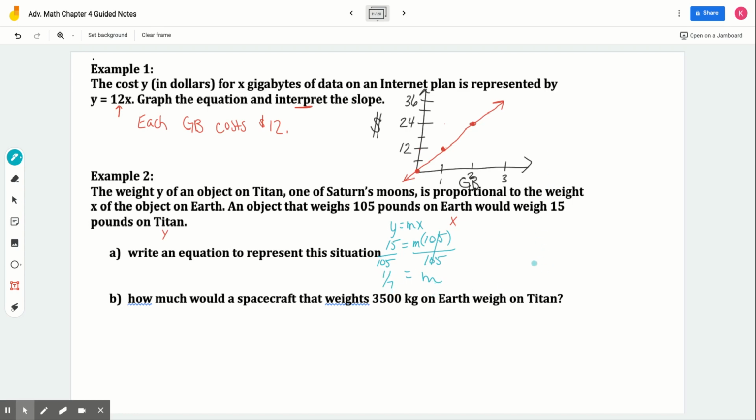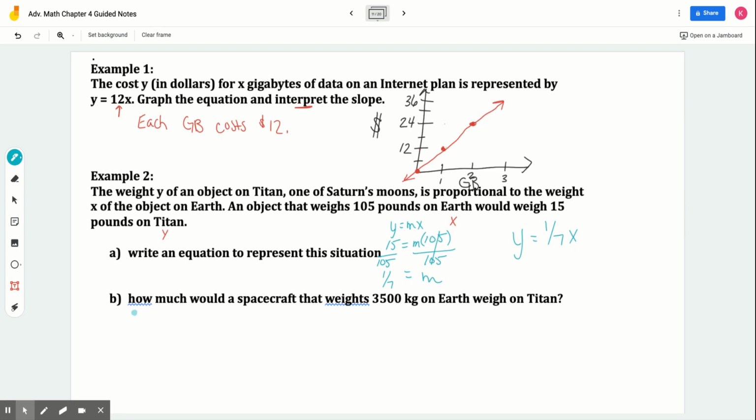So we can write an equation that says y equals 1/7 x because we know that m is 1/7. The benefit of doing this is we can then use this to make a prediction based on another point on that line.